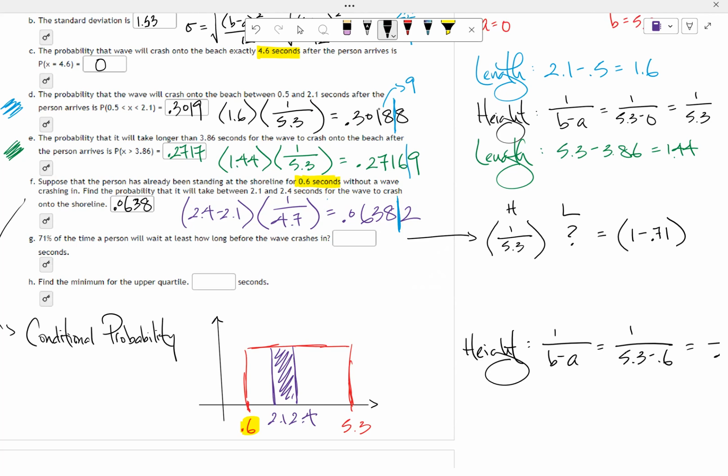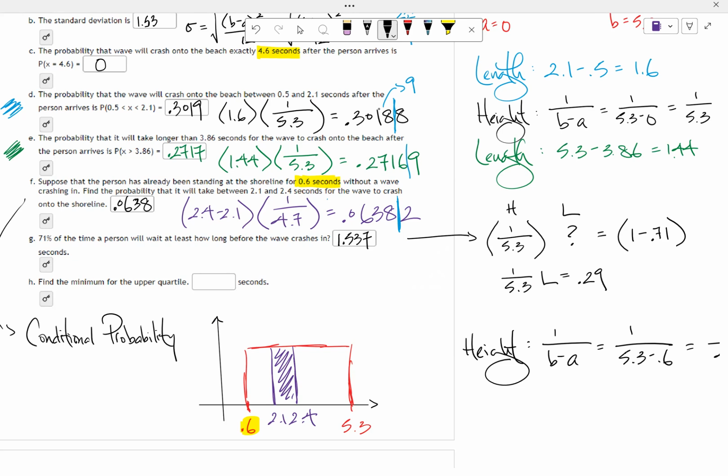When we do that, we'll get 1 over 5.3 times the length that we don't know equals 0.29. If I multiply both sides by 5.3, I get a length of 1.537. And so what that means is 71% of the time, people will wait about 1.537 seconds before a wave crashes in.